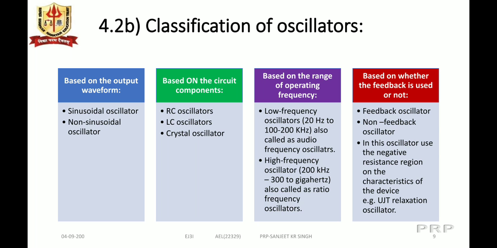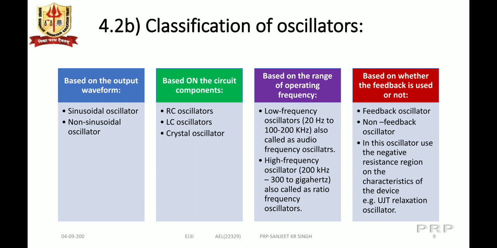Non-sinusoidal oscillator, if non-sinusoidal signals like square, rectangular or sawtooth waveforms are generated, then these are non-sinusoidal or relaxation oscillators. Such oscillators can provide output at frequencies ranging from 0 to 20 megahertz.